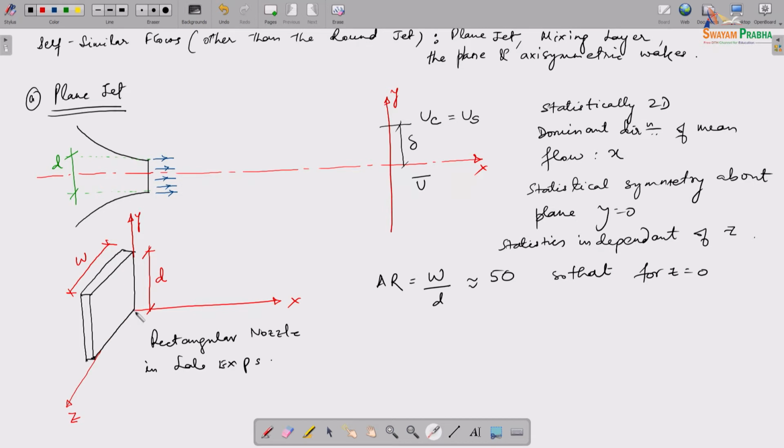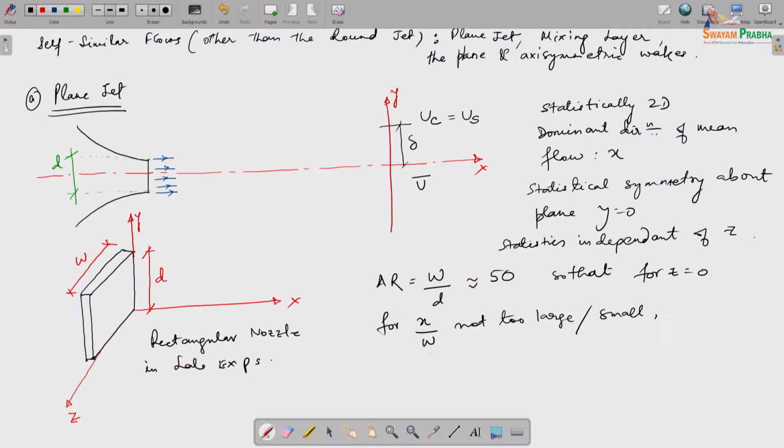So at z is equal to 0, and for x by w small or not too large, right, which essentially means that it's close to the nozzle. So x by d, x by w is not too large or small, which essentially means that it is close to the nozzle.